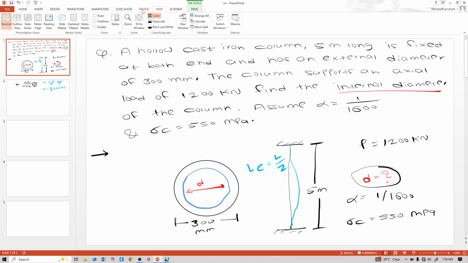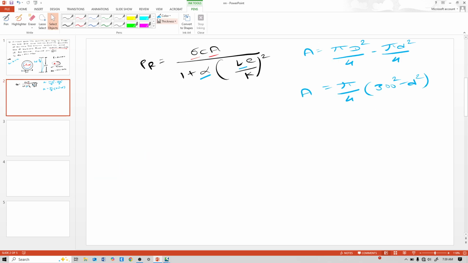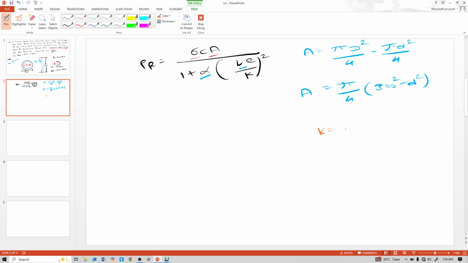That means Le is 2.5 meter. And this k, how to find this k? We know that k is equal to under root of I upon A. I is nothing but the moment of inertia and k is nothing but the radius of gyration. k is equal to under root of I upon A. So k square is equal to I upon A.